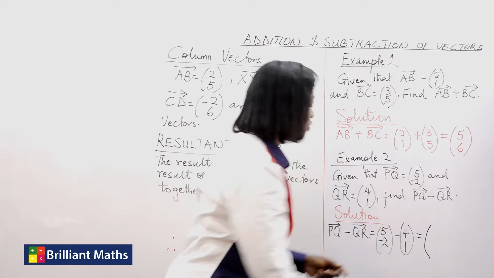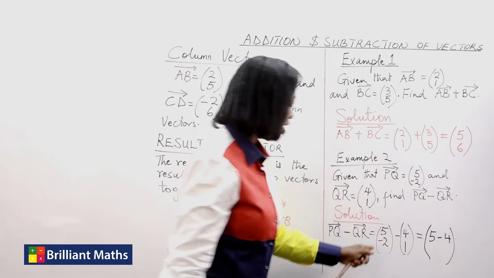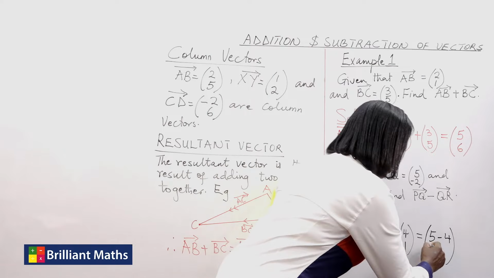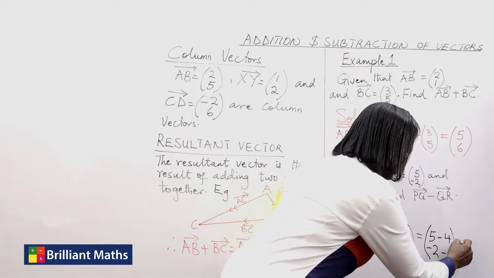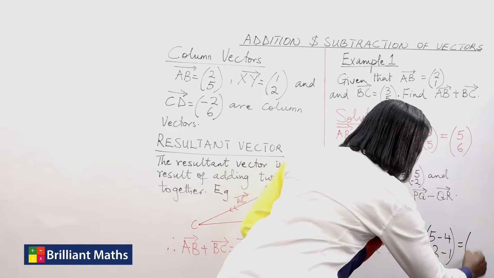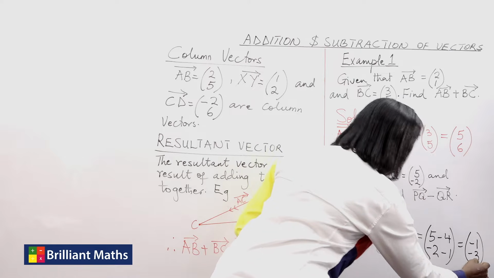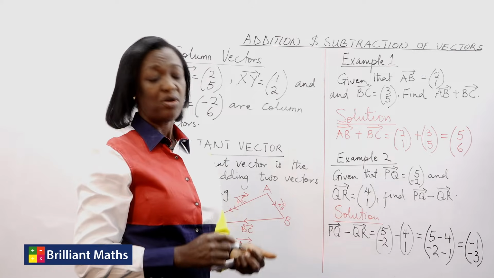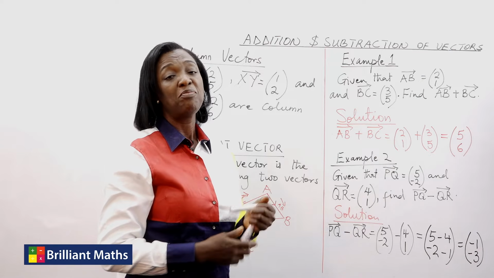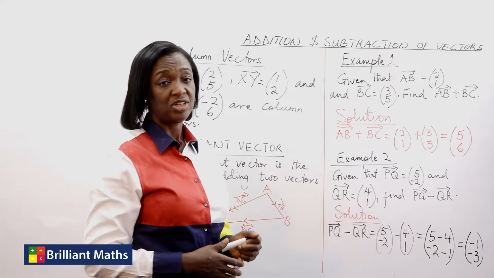So 5 minus 4, and -2 minus 1. So our answer becomes (1, -3). So like I said earlier on, the addition and subtraction of vectors follows the same principles as addition and subtraction of integers.